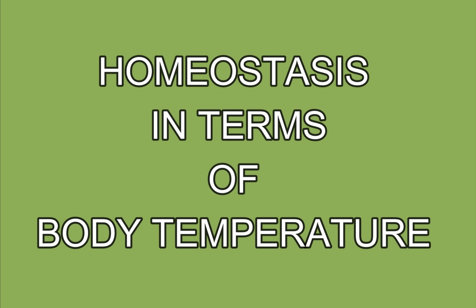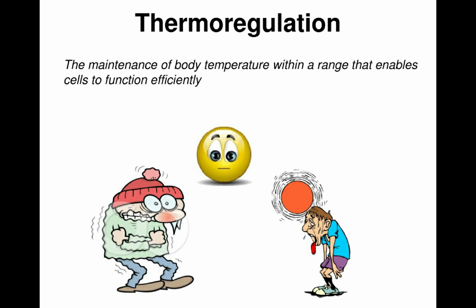Now, children, let's think about homeostasis in terms of body temperature. The term that we are going to be using is thermoregulation. Thermoregulation is the regulation or the control of body temperature. And thermoregulation in humans is an important aspect of homeostasis.